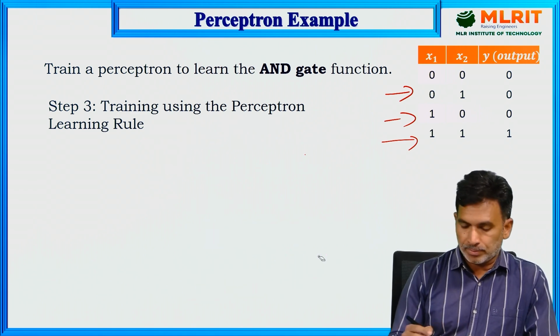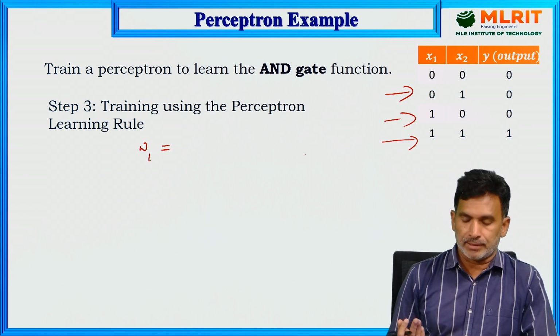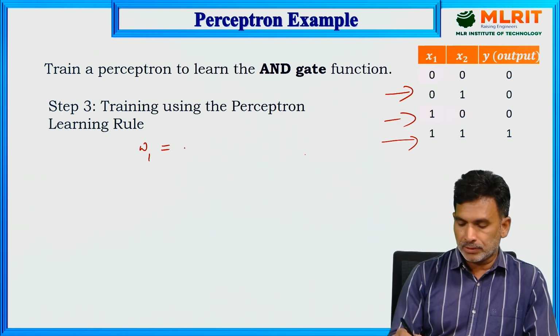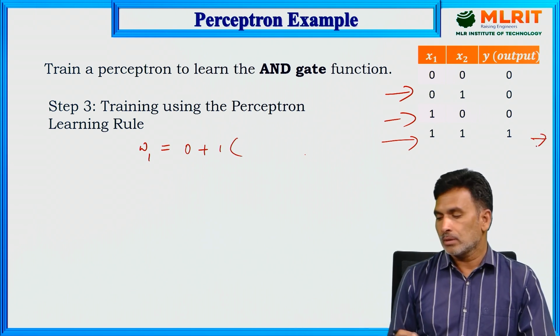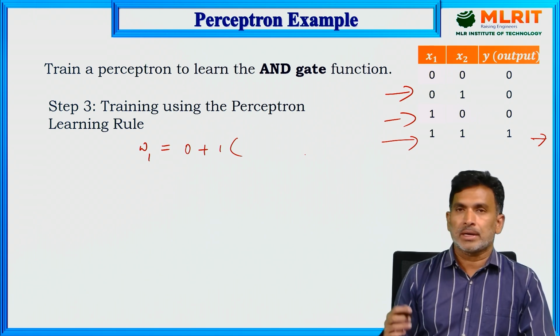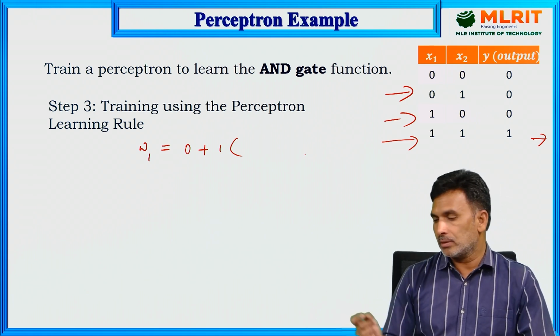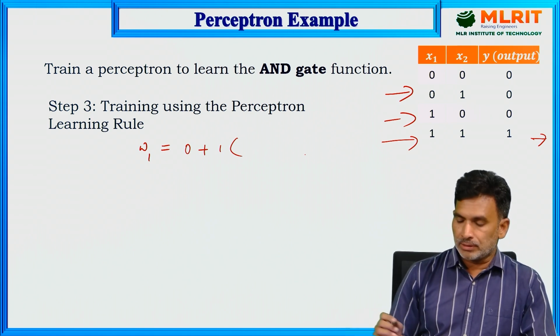So how do we update the weight and the bias? Let us update the weights, both w1 and w2 need to be updated. So w1 means the previous weight, that is 0, plus the learning rate 1 times the y actual minus y predicted, and for this instance we need to consider it here. Because this perceptron predicted wrong, the predicted output is not matching with the actual output, that's why we have to consider this instance.